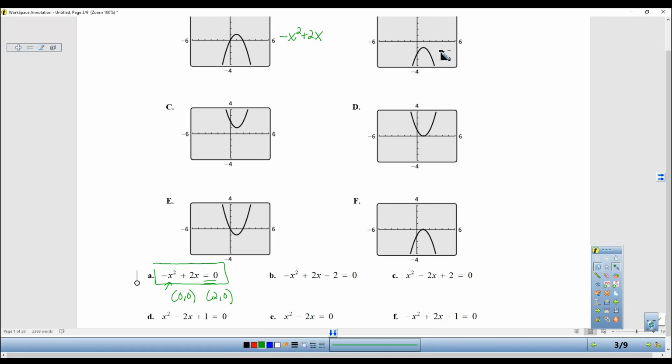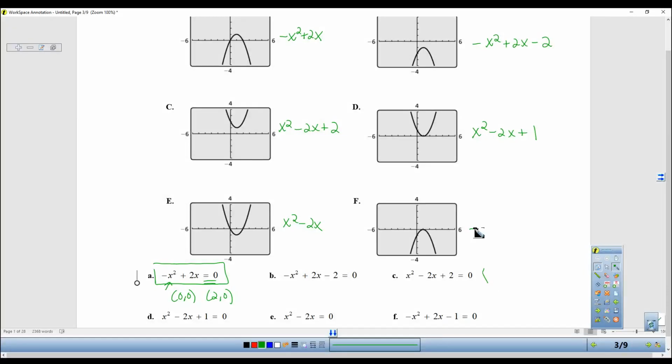You already have this on your sheet, but I'm just going to fill it out real quick. B was negative x squared plus 2x minus 2. C was x squared minus 2x plus 2. D was x squared minus 2x plus 1. E was x squared minus 2x.